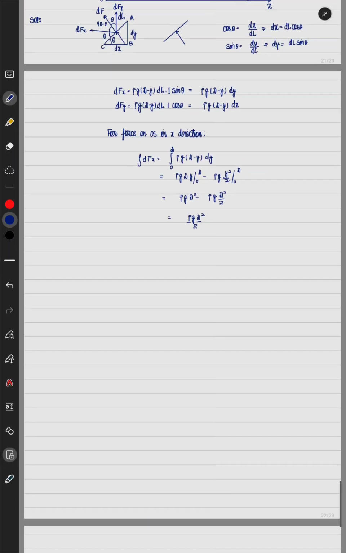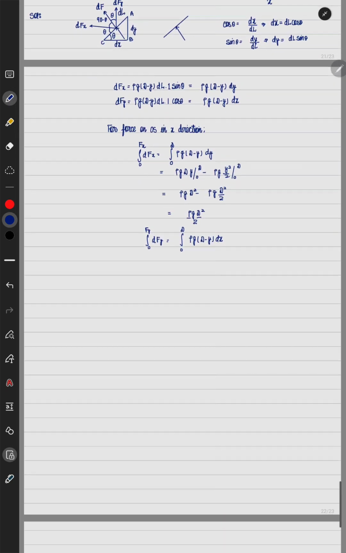Now I have to find the force acting in the y direction. So I can write the integral of force. At 0 the force should be 0, and here it is Fy. So the integral of dFy from 0 to Fy is given by 0 to d rho into g into d minus y into dx.